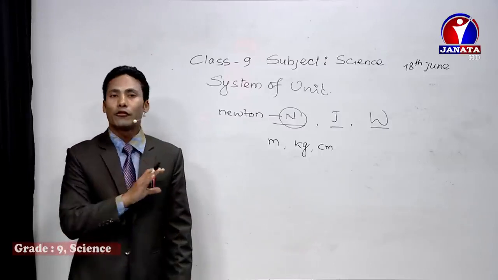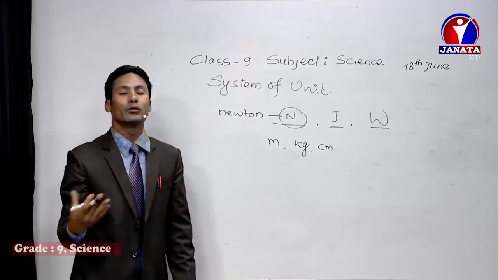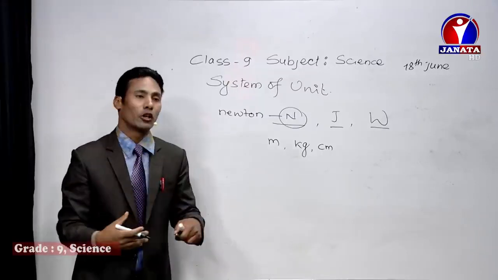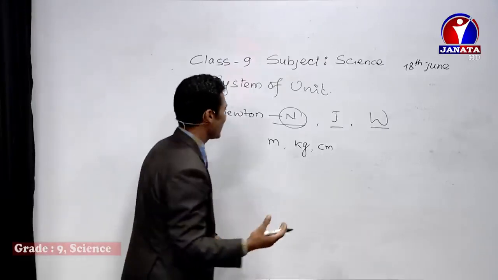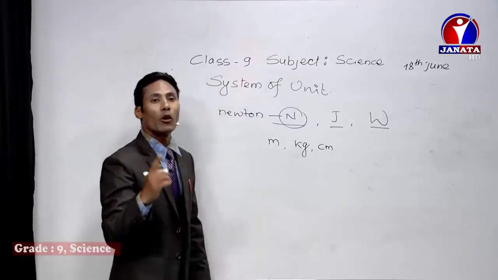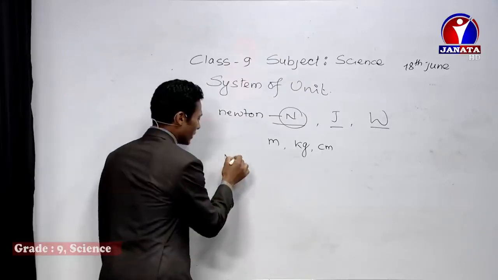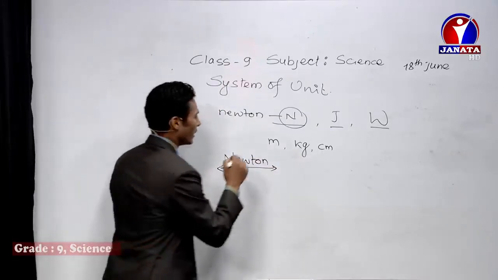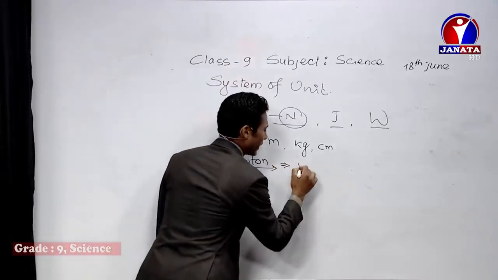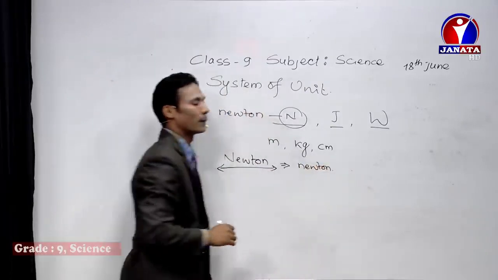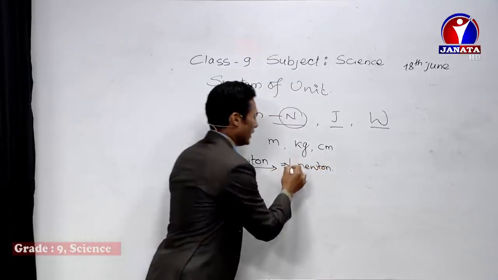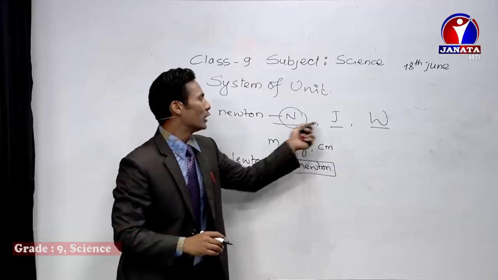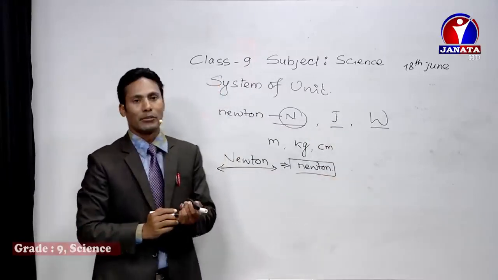Similarly, while writing the full name of a unit, if those units are for honoring a scientist, in that case, that should be mentioned with the small alphabet. For example, Newton with a capital is the name of the scientist, but for the unit, we will write newton in small letters. So while writing the full name of the unit, please write it with the small alphabet, and while writing the symbols, you must write the capital alphabet.